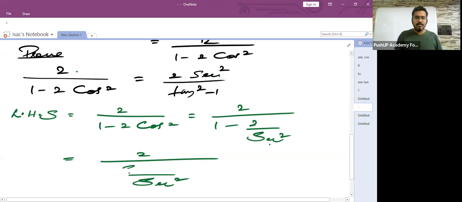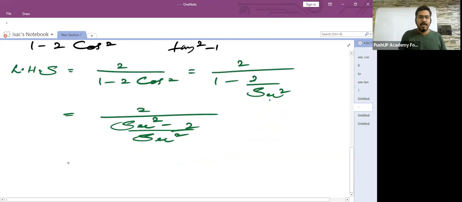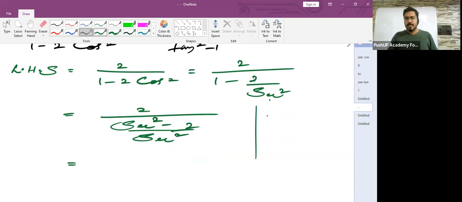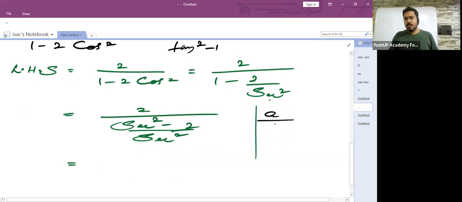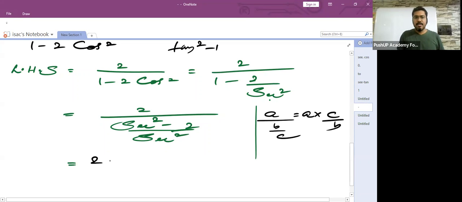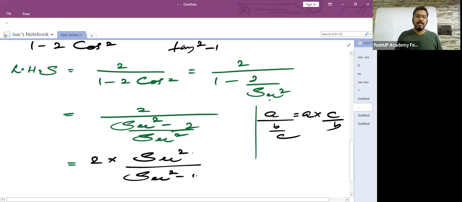Sec square into 1 is what? Sec square minus 2. Now this is of the form a whole divided by b by c, which is a into c by b. Let's apply this. 2 into sec square divided by sec square minus 2.